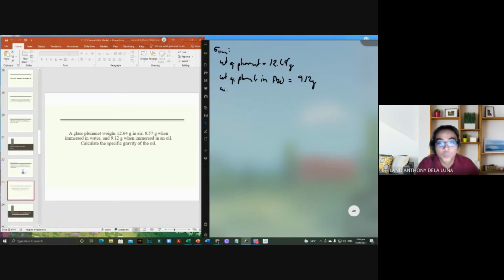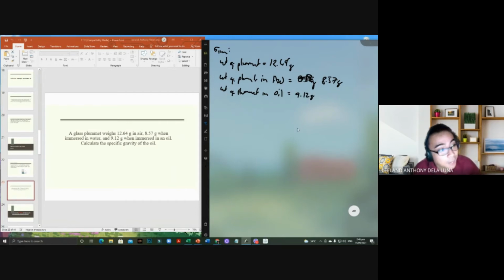Tapos, weight of plummet in oil, it was 8.57, ano ba? 8.57 grams. Yung ating water, tapos 9.12 grams yung sa oil.